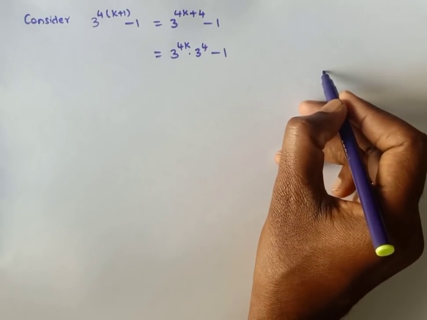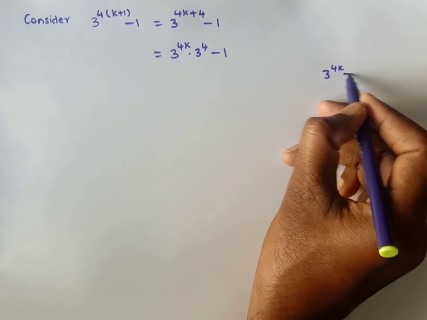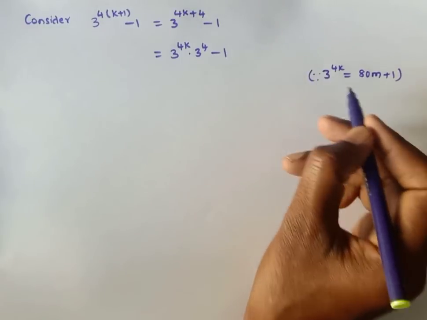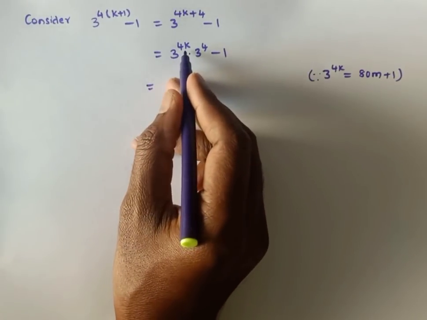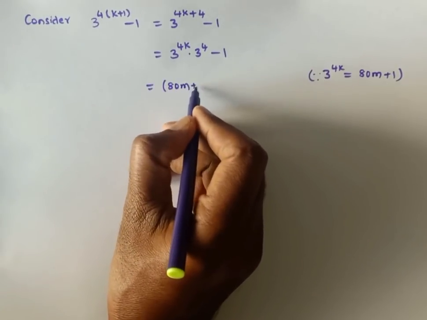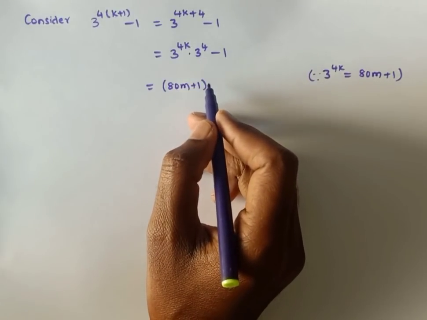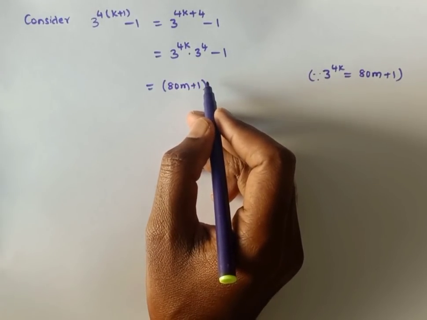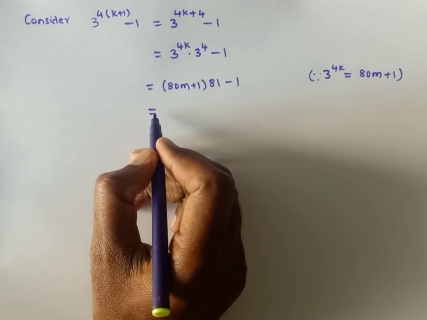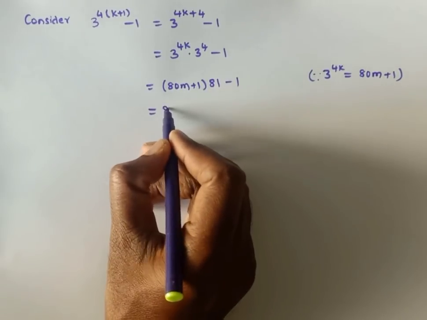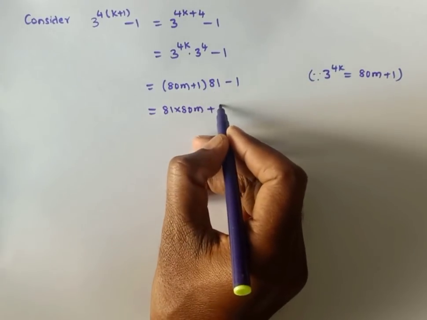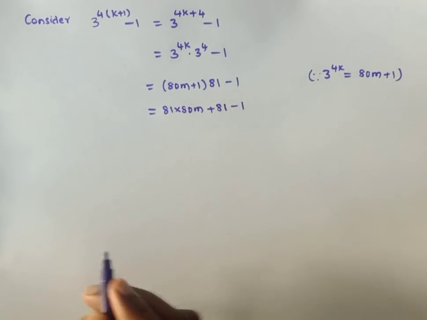So our equation 1 is 3 to the power of 4k, which is 80m plus 1. So here we can replace this 3 power 4k with 80m plus 1, into 3 to the power of 4, which is 81, minus 1. So this is 81 into 80m plus 1 into 81 minus 1.